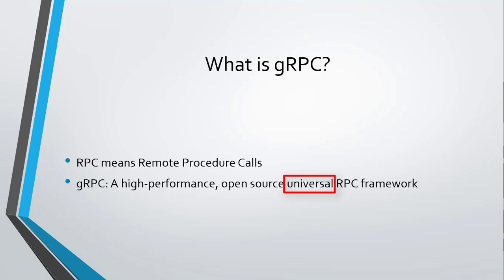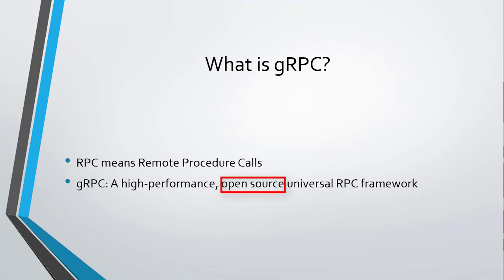Universal. It is universal because it is multi-platform and multi-language. With gRPC, we will be able to build RPC services where applications of different technologies will be able to communicate with each other. In other words, we can use gRPC to communicate between C#, C++, Go, Java, Node, Python applications, among others.